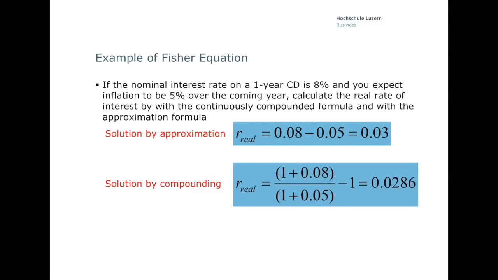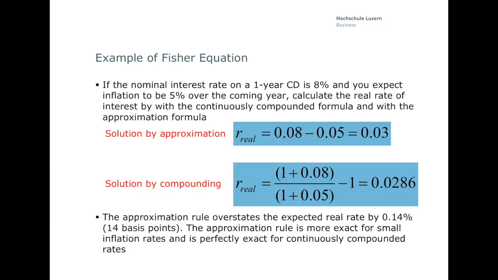The solution by compounding is simply 1 plus the nominal interest rate of 8% divided by 1 plus the inflation rate of 5% minus 1. This results in 2.86%. Now, by comparing the approximation result with the compounding result, you see there's a difference of 14 basis points.